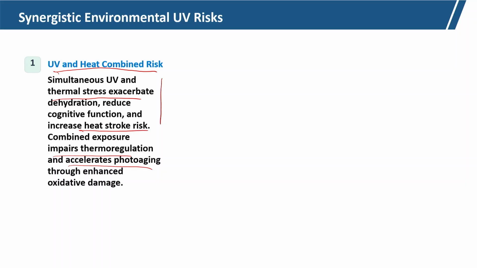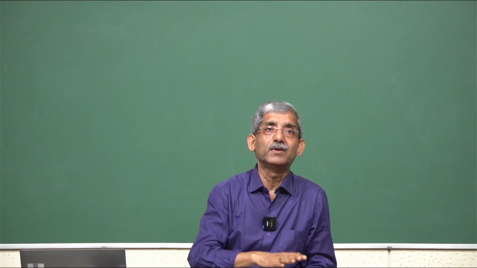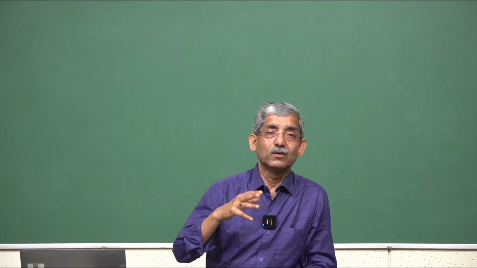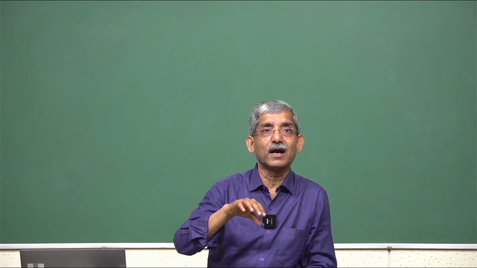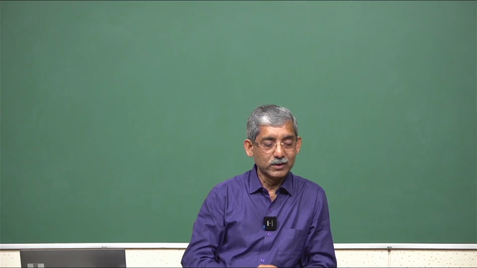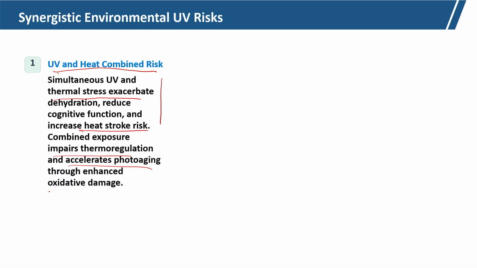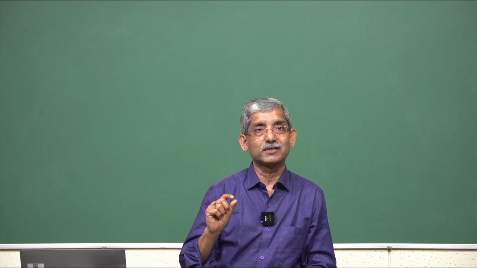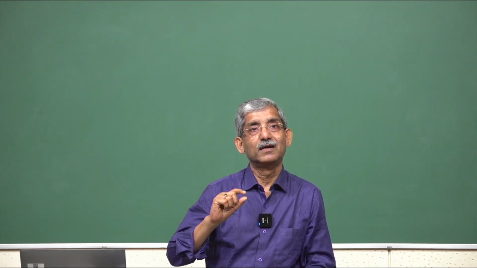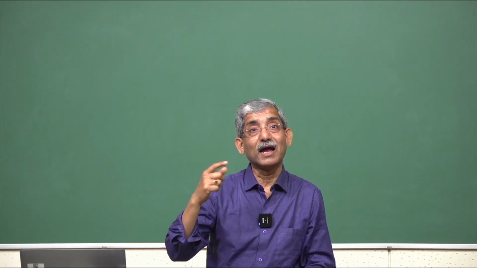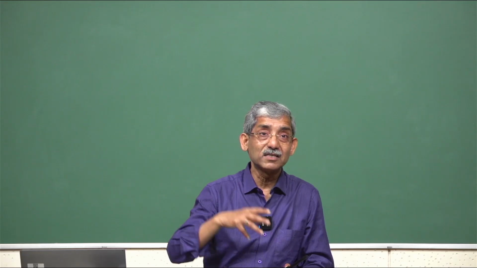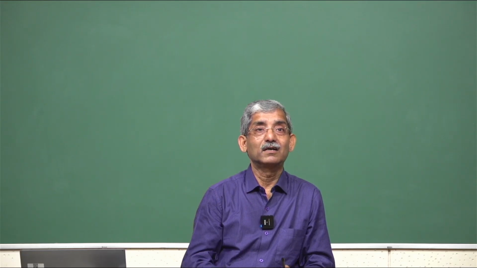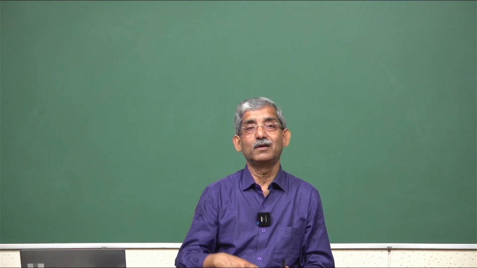That means that at lower temperature, with the same UV exposure, the photoaging will be there, but it will be accelerated at high temperature, through enhanced oxidative damage. So, oxidative damage takes place more at higher temperature. If the temperature is high, heat is more, so in that case the photoaging will be more.